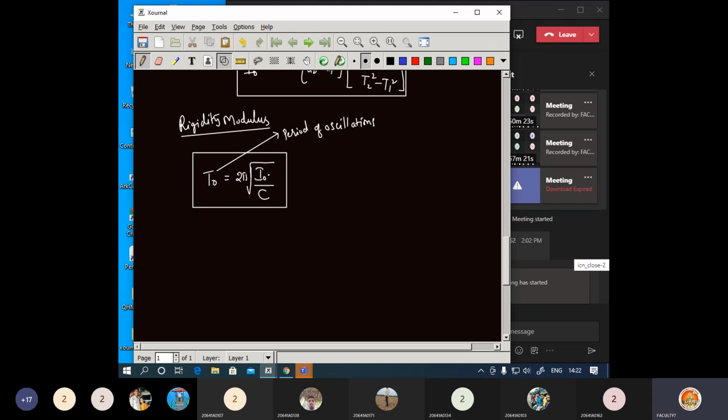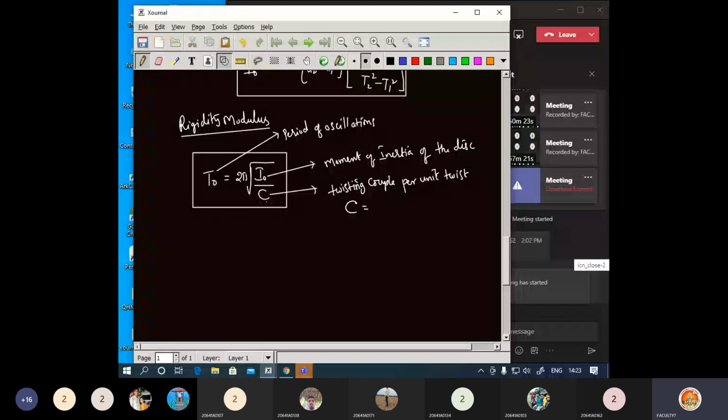Here I0 is the moment of inertia of the disk without any masses. Now what is C here? C is the twisting couple per unit twist.